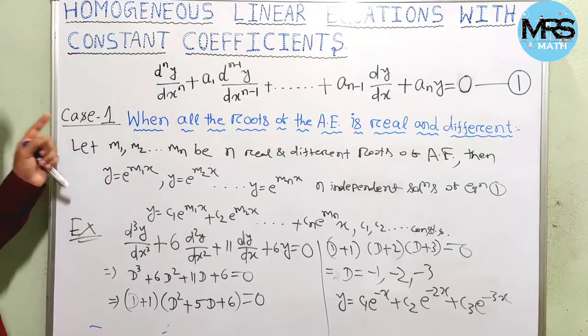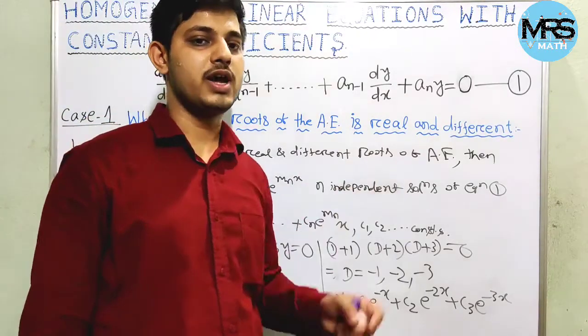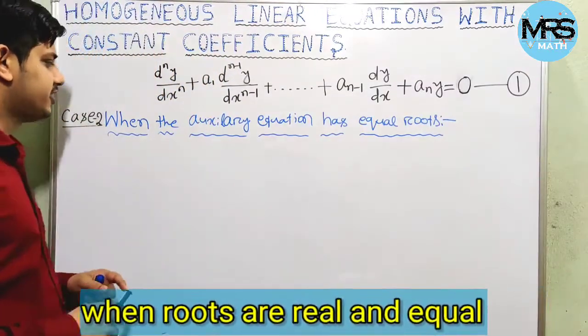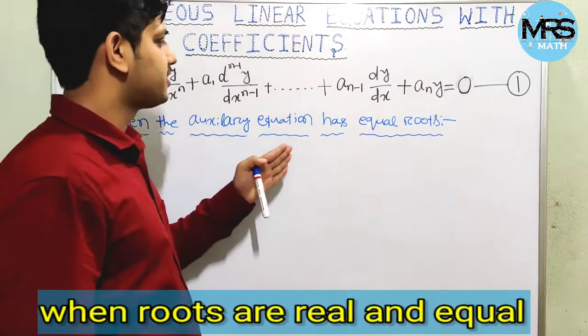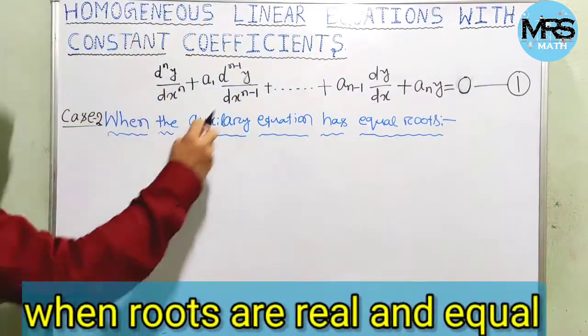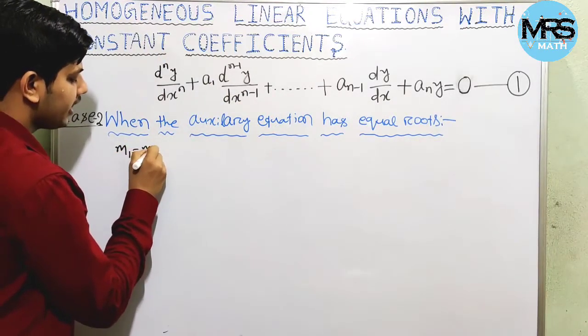So now we will see case number 2, that is when the roots of the differential equation are repeated. In this case the auxiliary equation has equal roots. Let us say two roots, that is m1 is equal to m2.